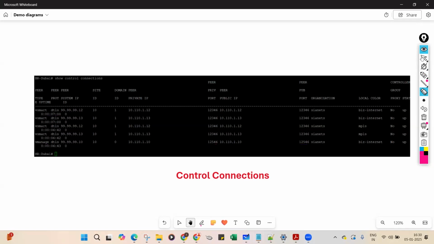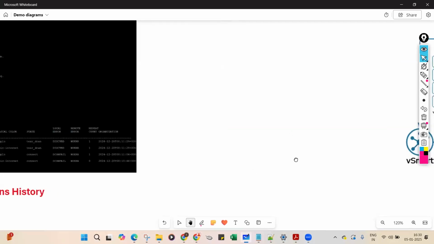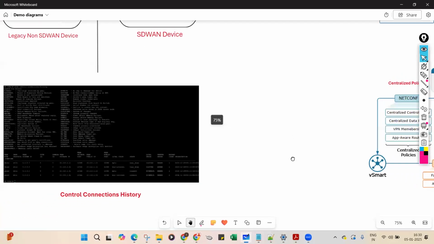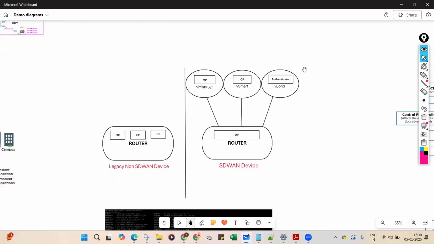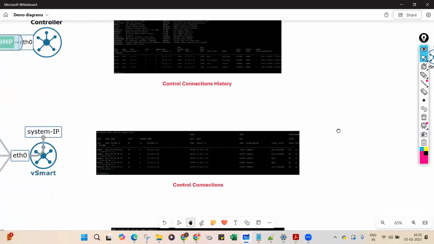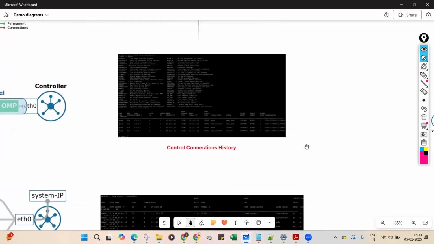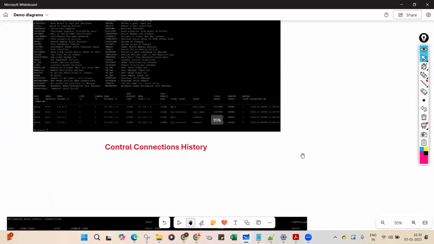One important point: once the vBond shares this critical information with the router, it tears down the connection with the router. So if we see on the device, we will see it is in the tear down state.